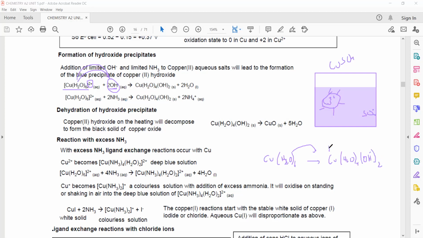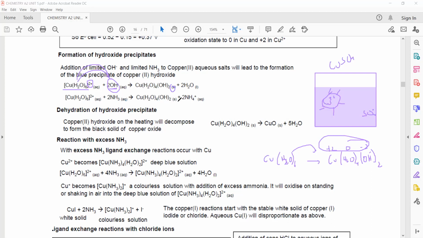Copper is +2, water is a neutral ligand, hydroxide is -1, so 2 hydroxide will be -2. So there is no charge on the complex. If there is no charge on the complex, what we observe is a precipitate, and in this case it gives us a blue precipitate of copper 2 hydroxide. Is it clear?